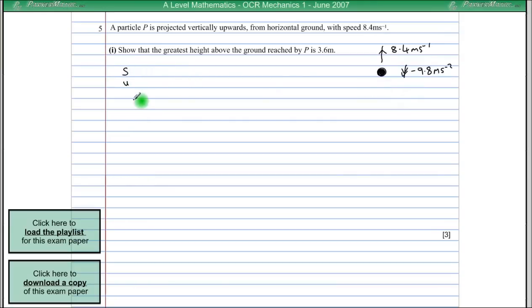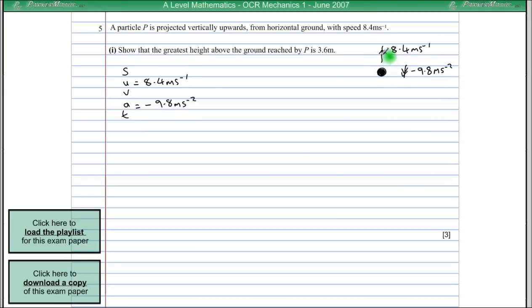Let's write down SUVA and see what information we know. Well, as we've already said, U is going to be 8.4 meters per second. Acceleration is going to be minus 9.8 meters per second squared. We also know V, because at the greatest height above the ground, consider this particle released at 8.4 meters per second, straight away it's going to start slowing down, start decelerating.